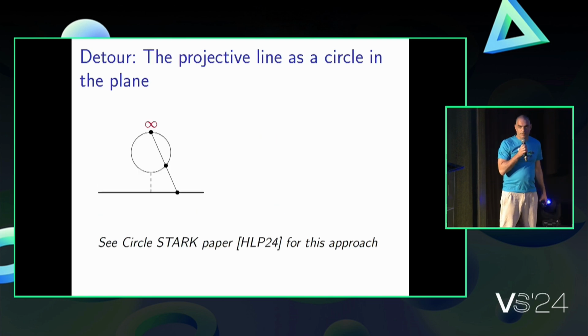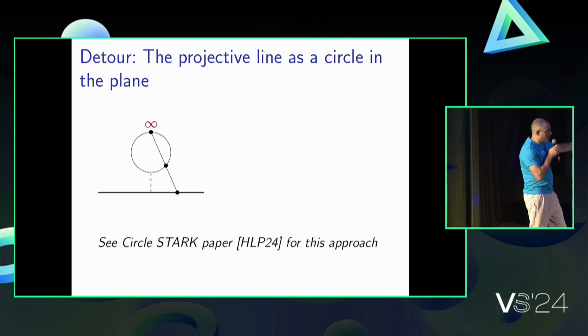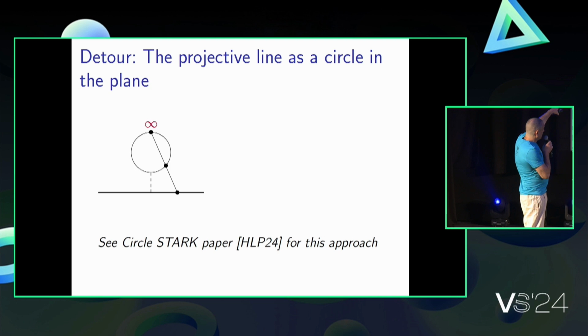So you might have been hearing the term circle STARK lately a lot. So a lot of times people look at the projective line as a circle in the plane. The way you do this is you draw a circle above the x-axis.